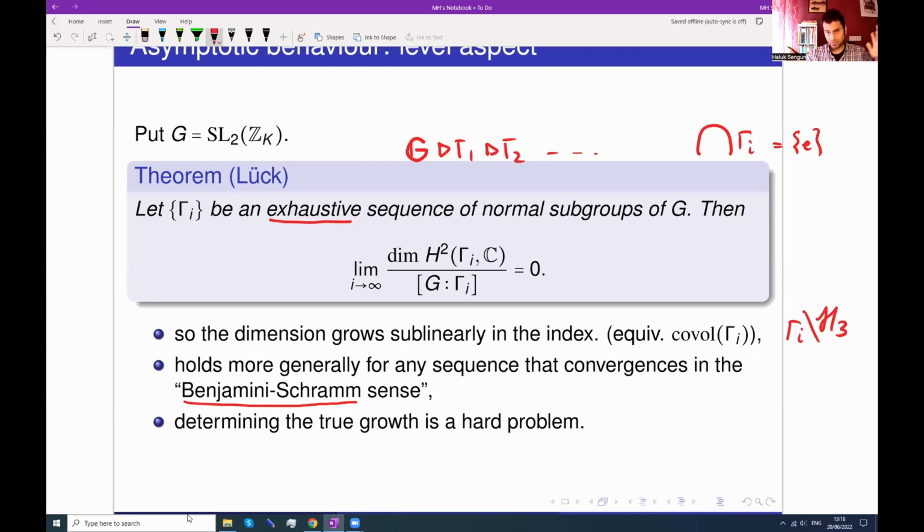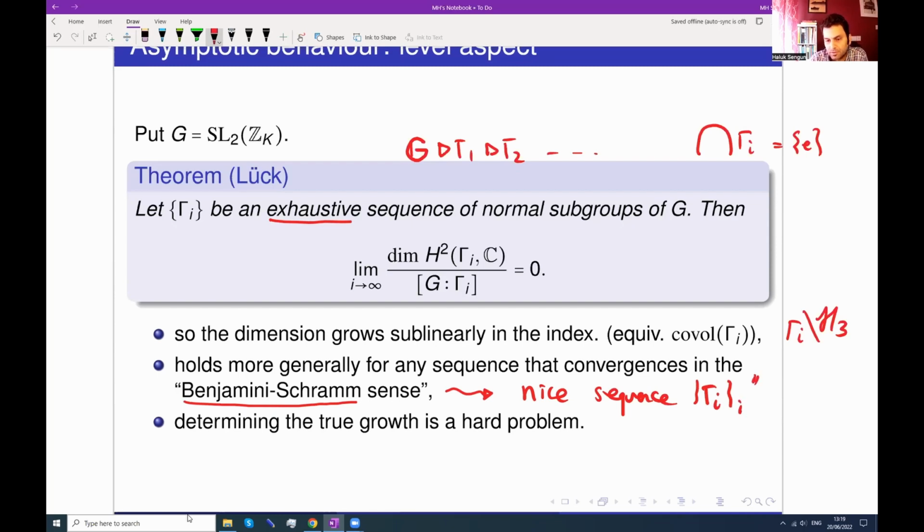So they don't have to be nested in a single Bianchi group and stuff like that. I won't make this precise, but it basically means that the hyperbolic threefolds that you're taking the sequence of converge to the universal cover. So the injectivity radius goes to infinity. But this is more or less, I guess, the weakest hypothesis you can impose on the sequence. I'll just usually say a nice sequence of congruence subgroups.